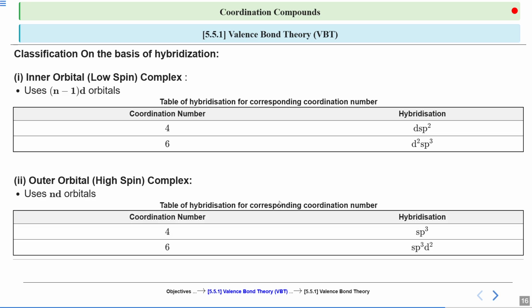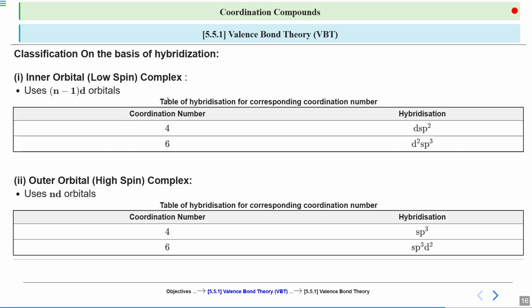They show this type of hybridization with the coordination number shown in the table: when the coordination number is 4, the hybridization is sp3, and when the coordination number is 6, the hybridization is sp3d2. Complexes exhibiting these coordination numbers and hybridizations form the outer orbital complex.